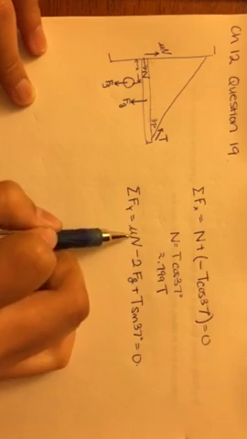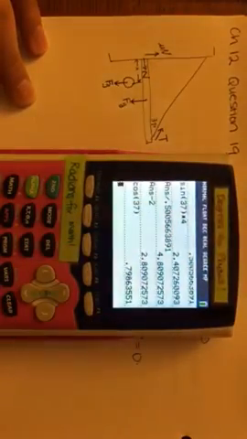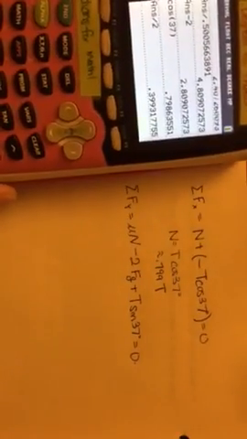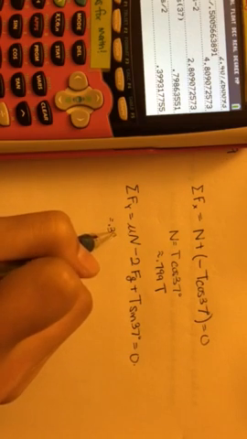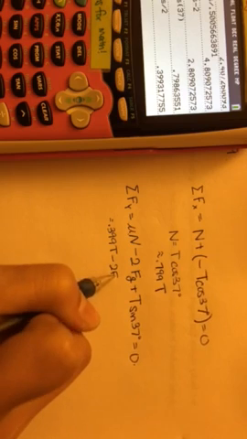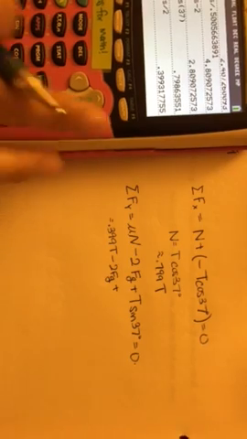Now from here, mu is 0.5, so divide that by 2, which gives you 0.399 T, minus 2Fg, which we do not quite know yet, plus T sine 37.